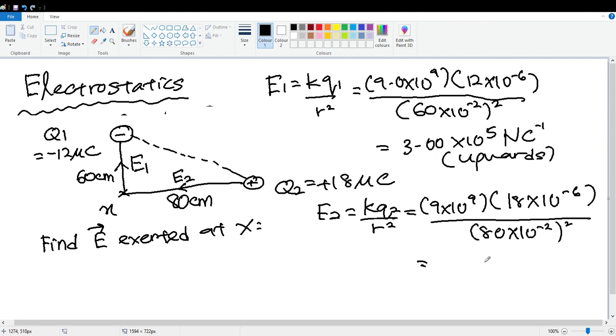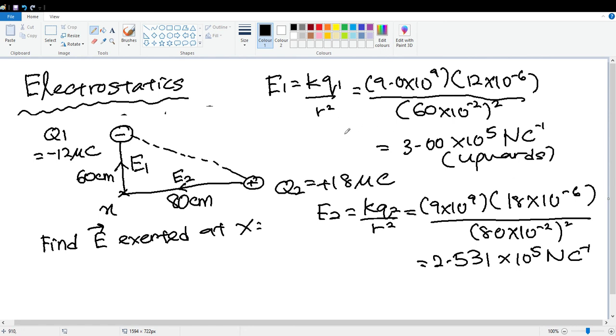So what will be our answer? 9 times 10 to the power of 9, times 18 times 10 to the power negative 6, divided by 80 times 10 to the power negative 2, squared. The final answer I get is 2.531 times 10 to the power of 5 Newton per coulomb.